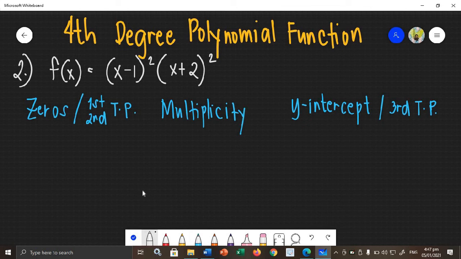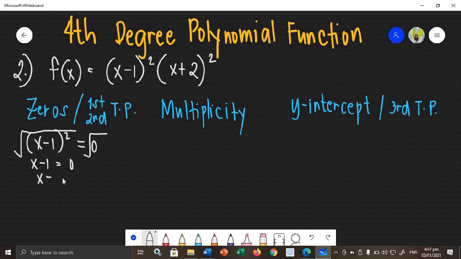So to find again the zeros of the given fourth degree polynomial function, we will equate each factor by 0. Okay? So we have x minus 1 squared and we will equate it by 0. So to cancel the square here, we will extract. So, magiging siyang x minus 1 equals square root of 0, that is 0.